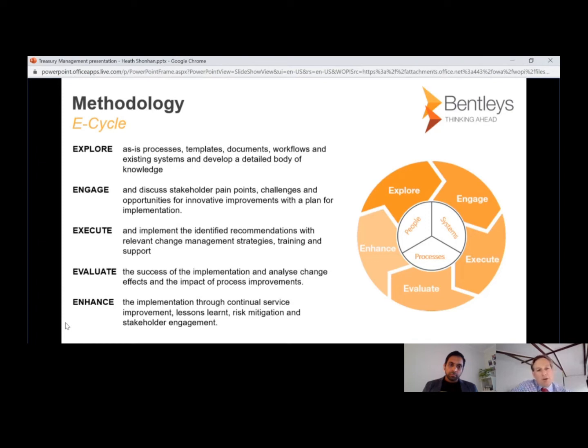From there, once you've got those artifacts, we then encourage you to engage with a number of different stakeholders within your organisation. Engage with senior management, other parts of senior management, other executive.